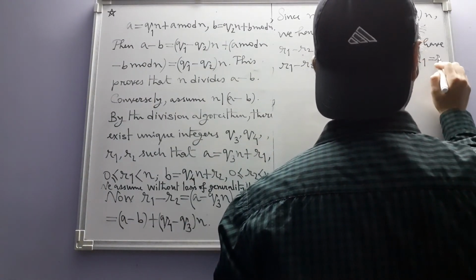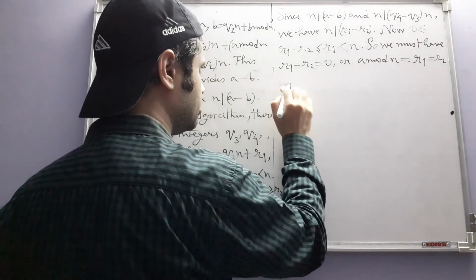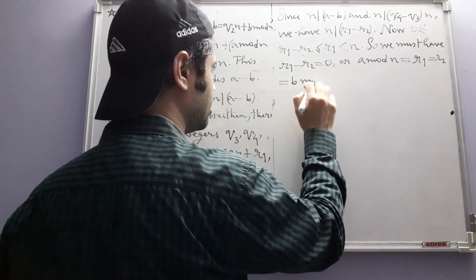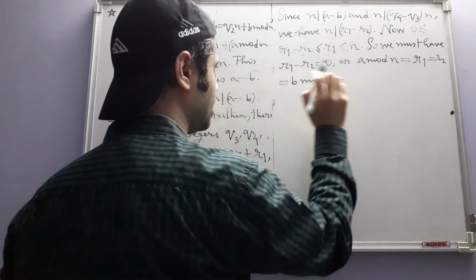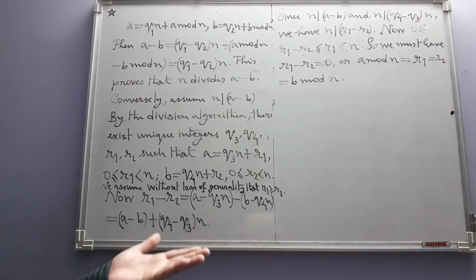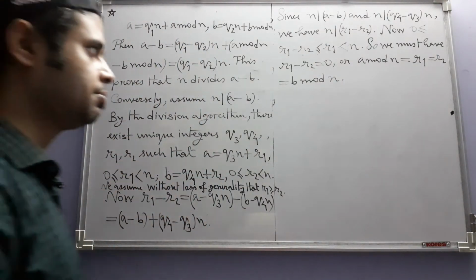This is equal to r2, and r2 is b mod n, the remainder we obtain when we divide b by n. So that's how we have a mod n equal to b mod n.